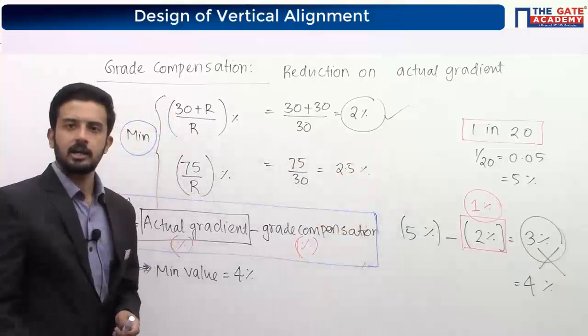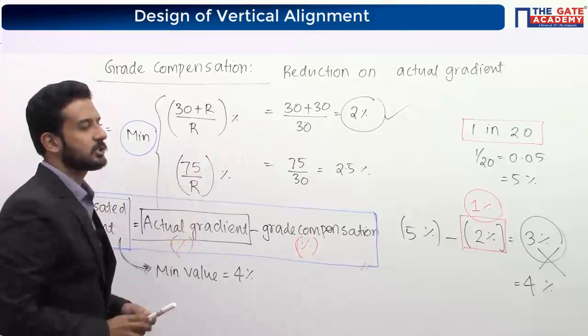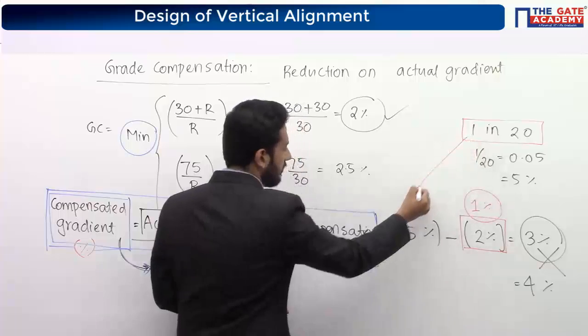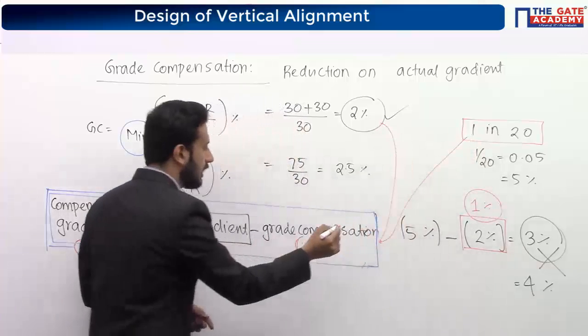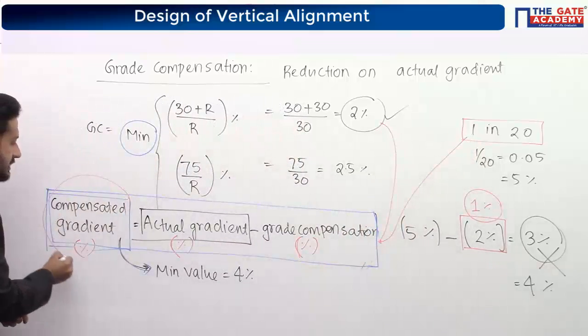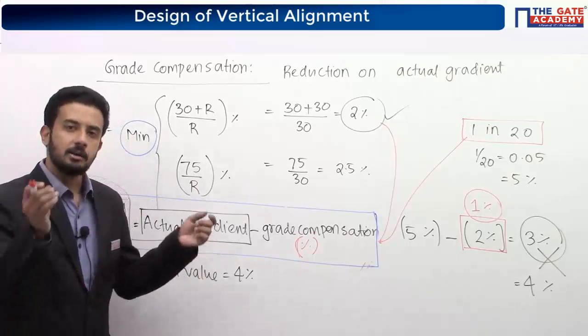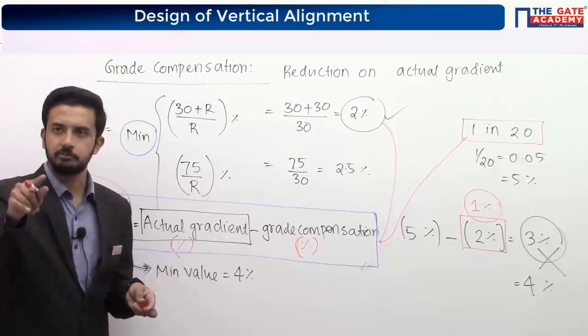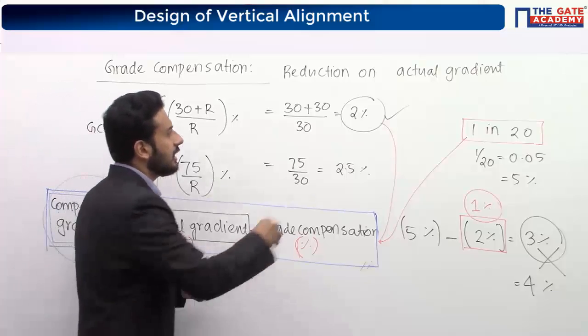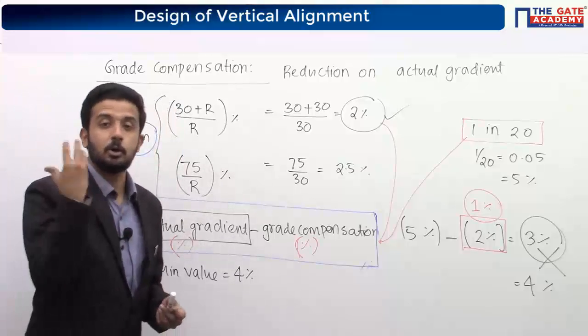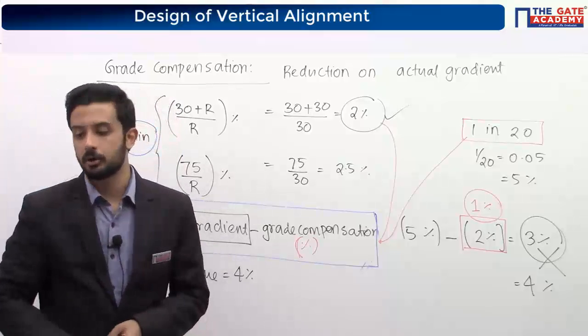But in case they are giving some actual gradient, what do you have to do? You always have to check what your compensated gradient will be. They are not asking you what the compensated gradient is, but still you have to check it. Why? You have to check if you are giving this much reduction, are we obeying the IRC rule or not?